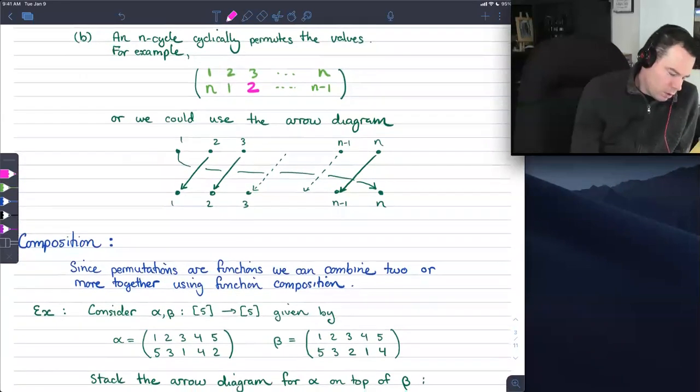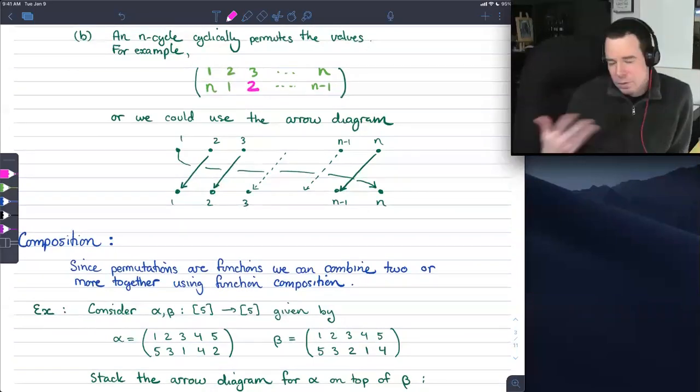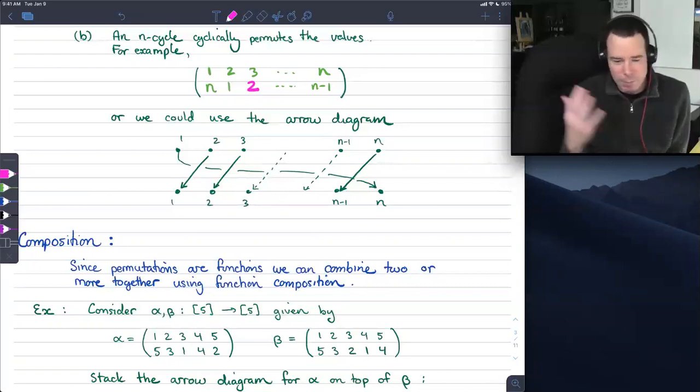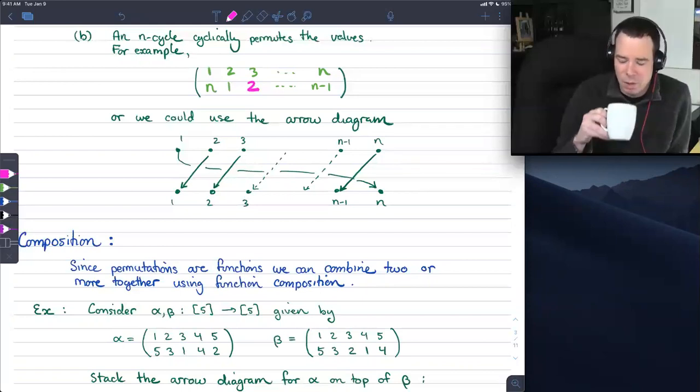So as I said, if you were thinking about permutations as just arrangements of objects, sort of these static things, you know, a permutation is an arrangement of objects. So here my books on my bookshelf are arranged in a permutation. That's all well and good, but we're interested in combining permutations with each other. And so this is this idea of composition.